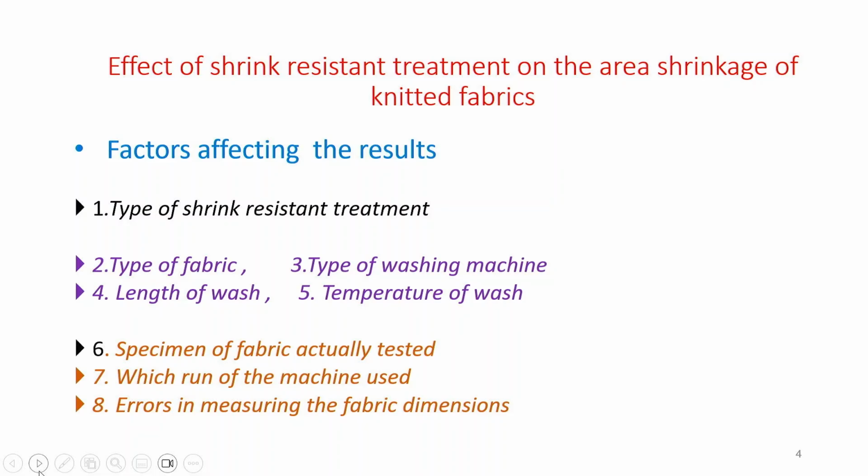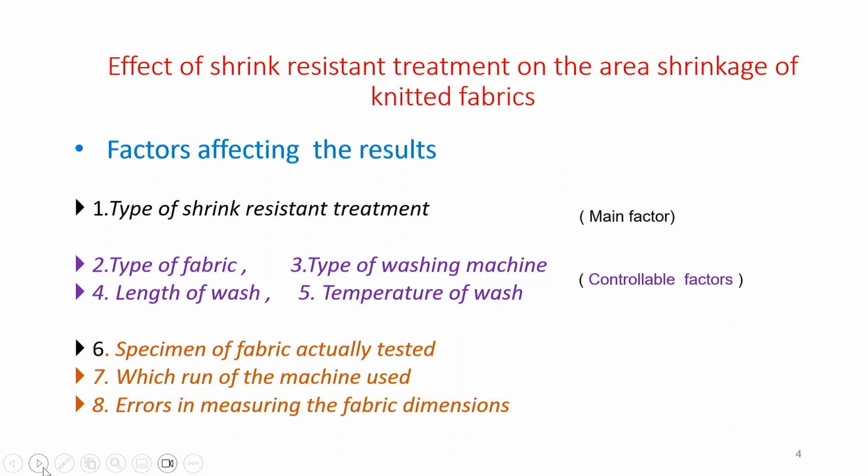So while measuring the dimensions of the fabric, how much stretch is getting introduced while I am measuring the dimension, this can also affect the results. So errors in measuring the fabric dimensions can also have an influence on the result. So we can see there are so many factors which can affect the results.